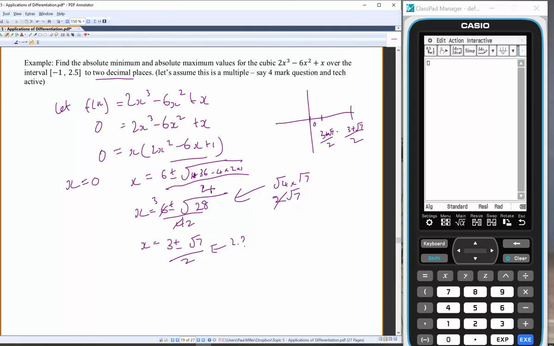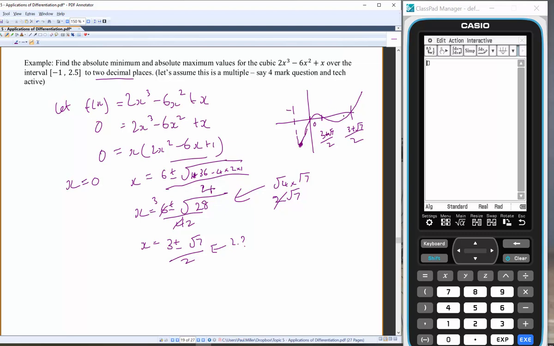So what my cubic is going to do, and the scale is just shocking here, girls, I'm not going to deny that, but our cubic is going to look something like this. Right, so now we have a look at our domain. So we've got -1 is going to hit a value down here somewhere, and that's included, and 2.5.